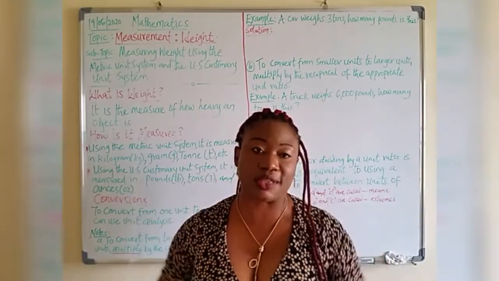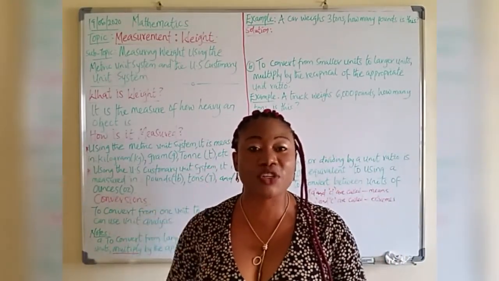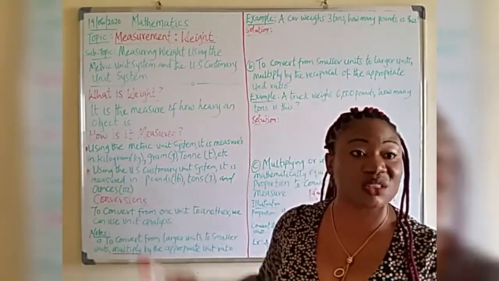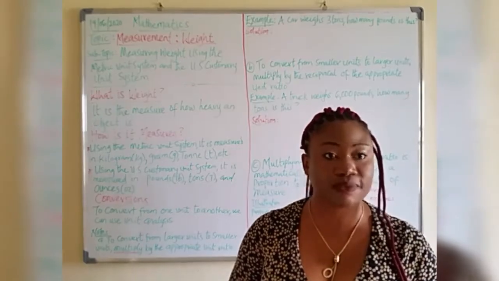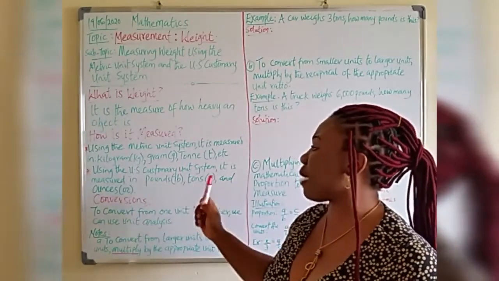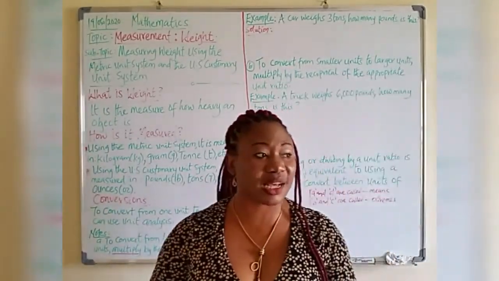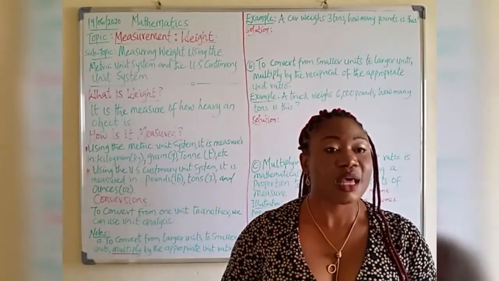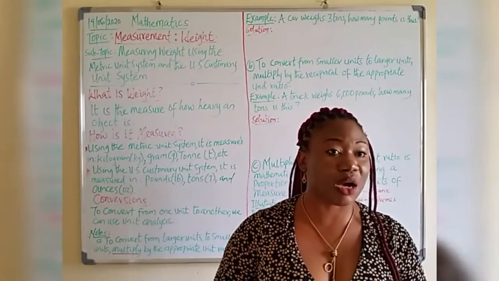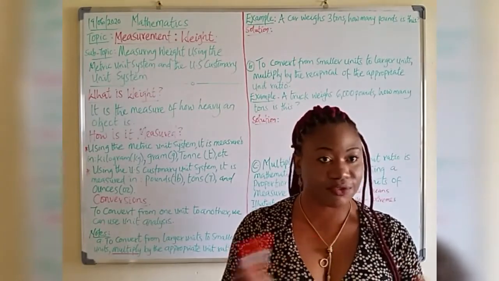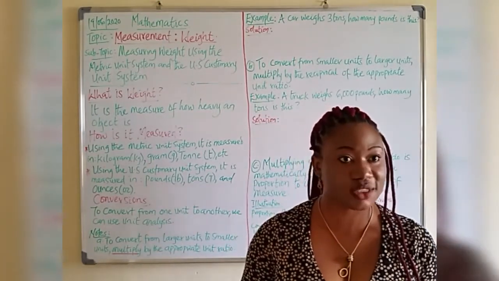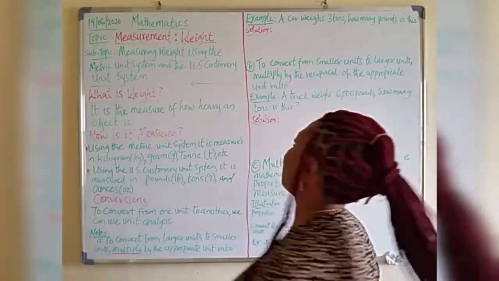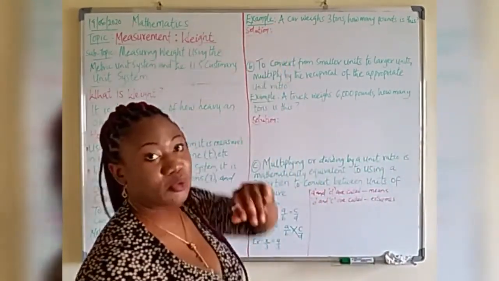So that 1,000 there is the appropriate unit ratio for when kilogram and gram and ton is involved, all right? In the case of pounds and ounces, we know that 16 ounces makes 1 pound and 2,000 pounds make 1 ton. Vice versa. You can interchange them like that. Alright? Good. Now, since we have taken note of that, let us move to examples.